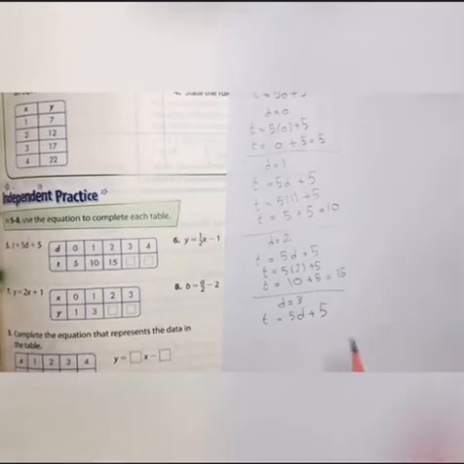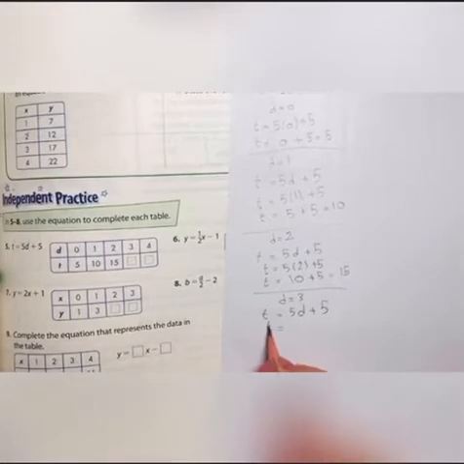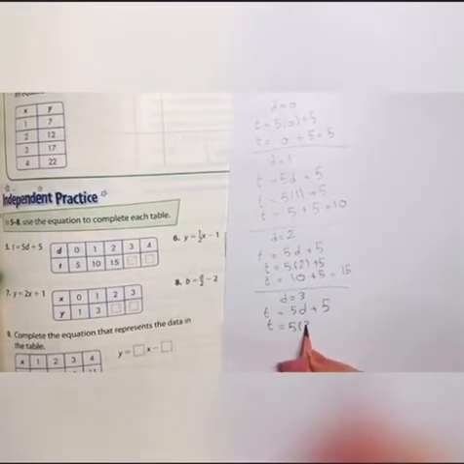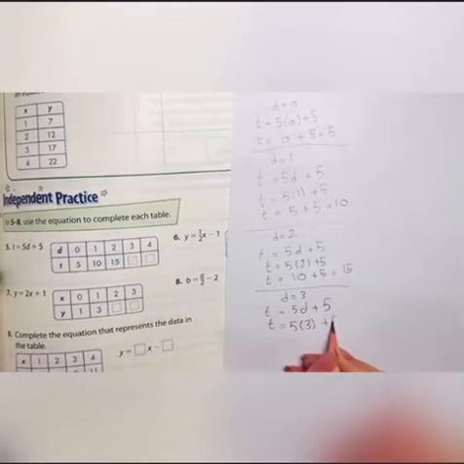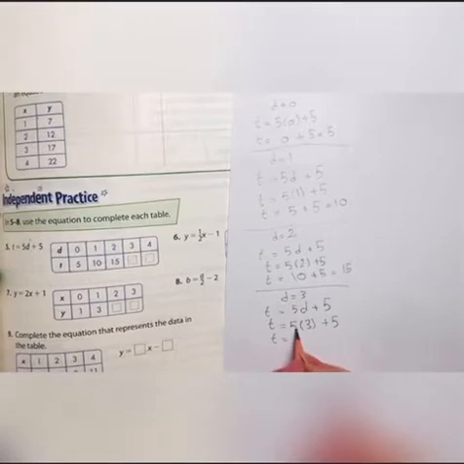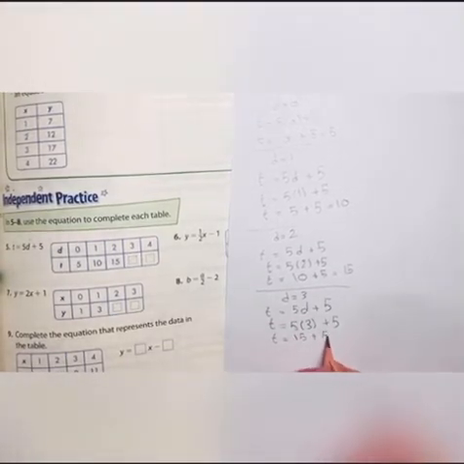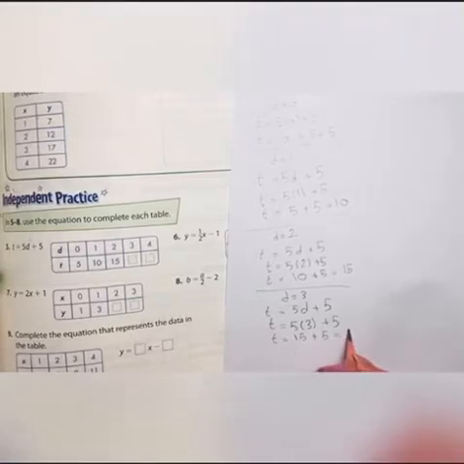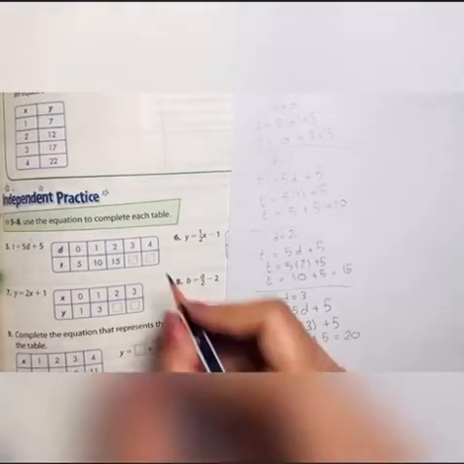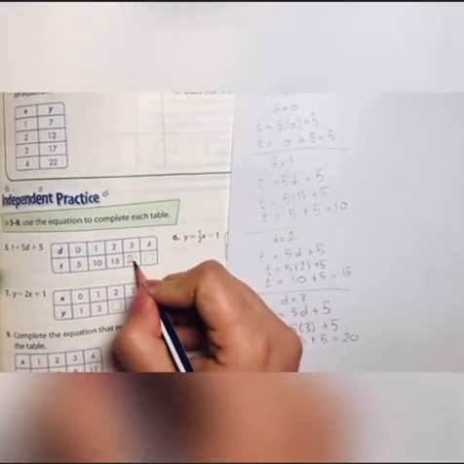In place of d we will write 3, plus 5. 3 times 5 equals 15, plus 5 equals 20. That means t equals 20. If d is 3, t will be 20.